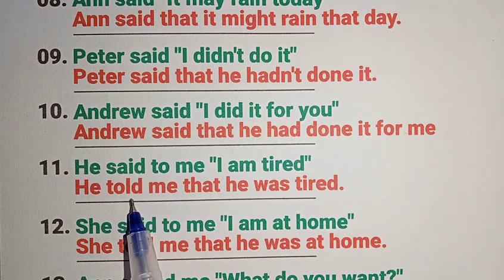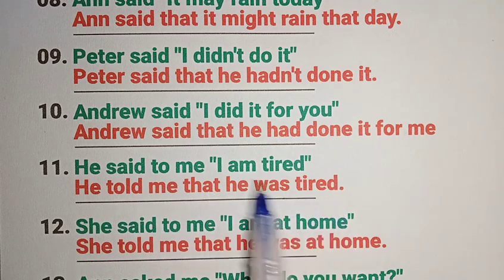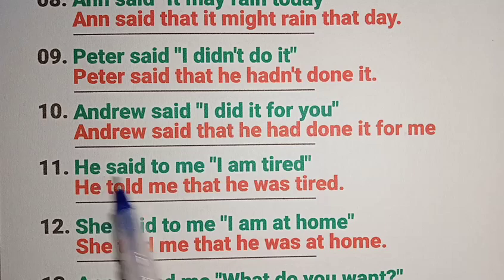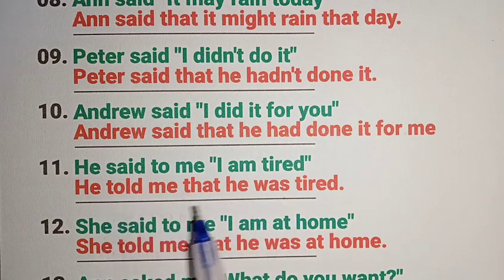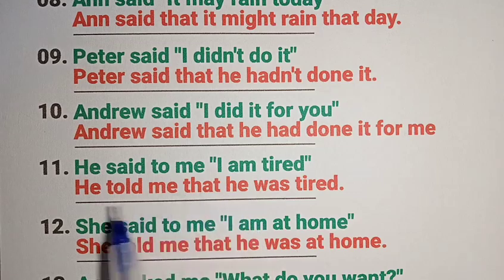He told me that he was tired. You can understand this part. I into he, because the pronoun I refers to he, and also we should change the be verb into past tense. He told me that he was tired, because we report something about him.